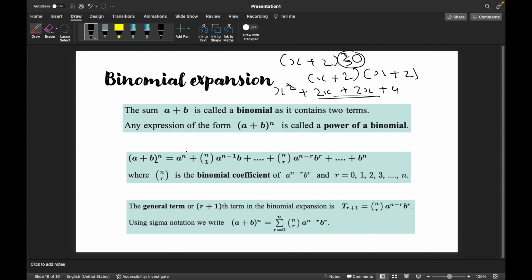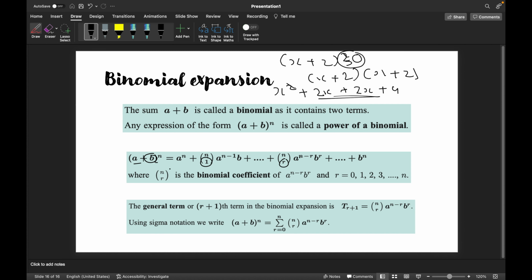So you have this term, right? So the power of the first, this one, would be this minus this. And of the second term, it would be this number. So if you want to do this, it's going to be n minus r into b to the power of r.